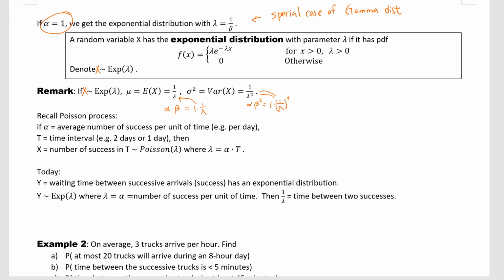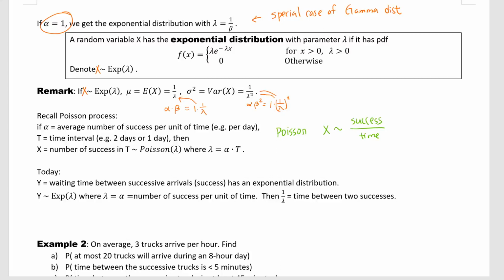So for the Poisson distribution, x is the number of successes per period of time. Now let y be the waiting time between successive arrivals.